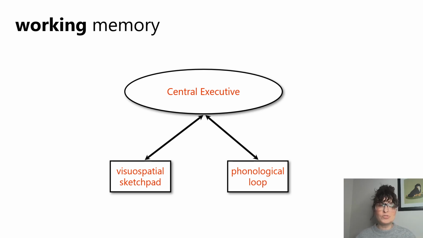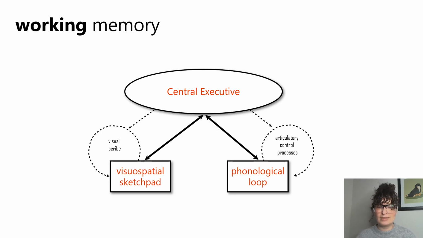It also helps to coordinate the processes that maintain information in the short term, the visual scribe in the visual spatial sketchpad, and then the articulatory control processes in the phonological loop. And the central executive, as well as each of these systems for maintenance, are limited in capacity. This is essentially our cognitive load. It's the amount of resources and effort we have available to execute cognitive tasks.